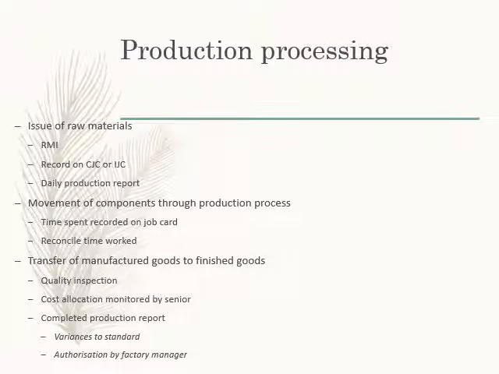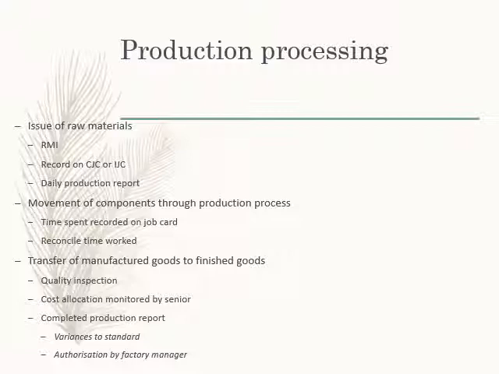Moving on to the production processing phase, the pre-numbered raw materials issues slip, or an RMI slip, is a request for the issue of raw materials that are required for a particular production run.